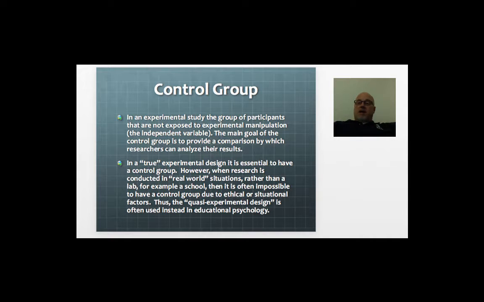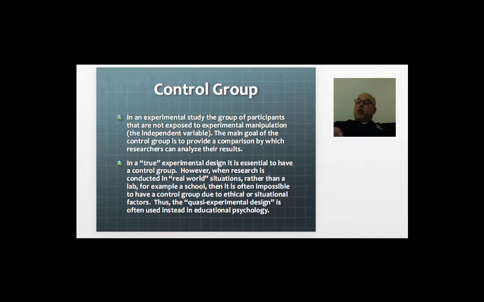The basic design of research is that we have different groups that have different levels of the independent variable, and then we have a control group that does not get the treatment, that does not get anything. It's status quo, it's what would normally happen. Basically, the control group creates a baseline for us, so that as we manipulate that independent variable, the control group gives us something to compare to.